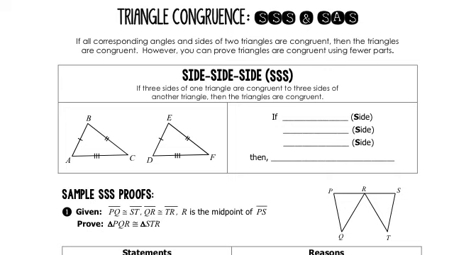So, this is saying if I have three sides that are congruent, then I can also say that their angles are congruent. So once we prove that a triangle is congruent, then the angles are congruent when it comes to side, side, side.